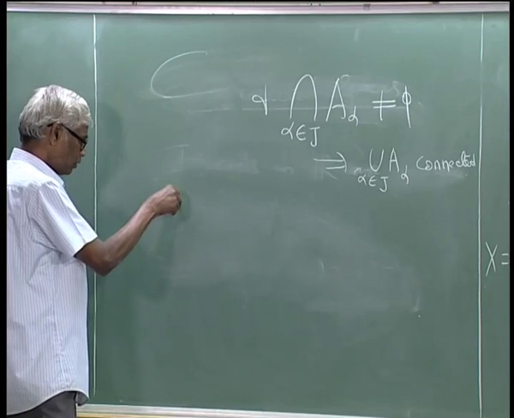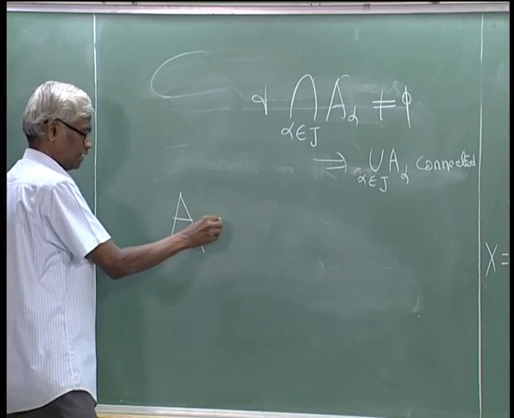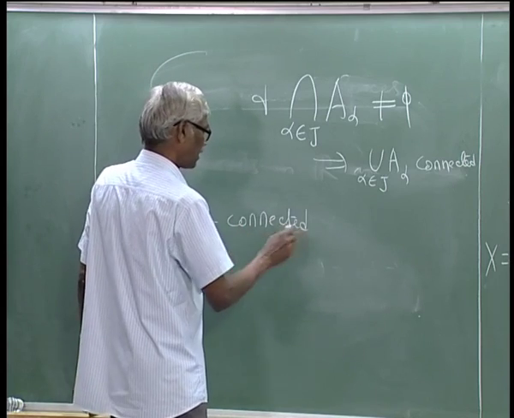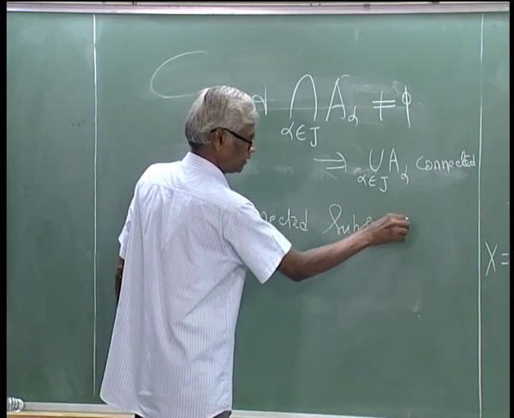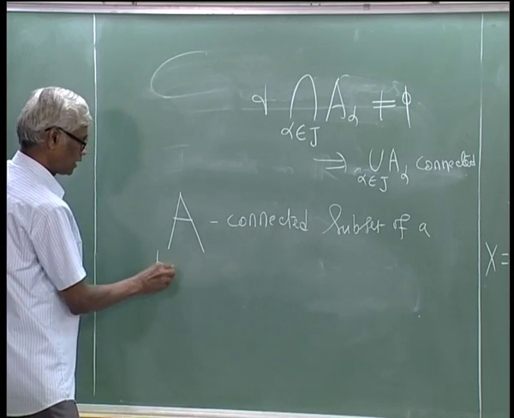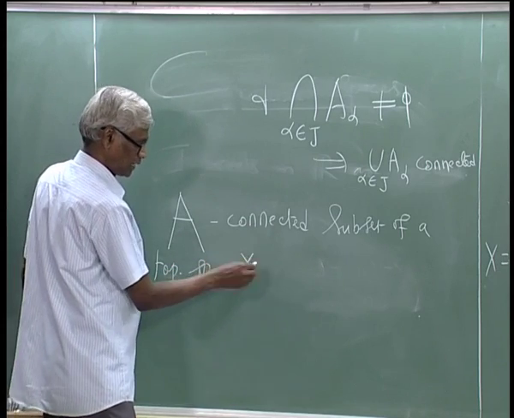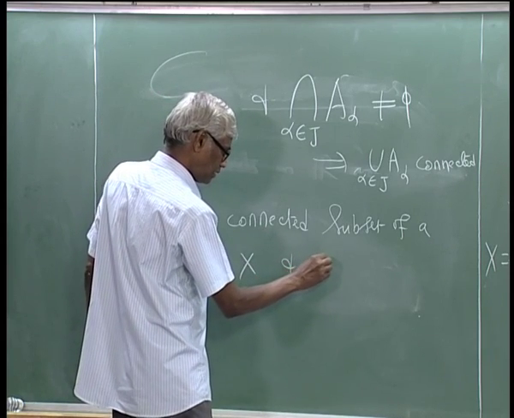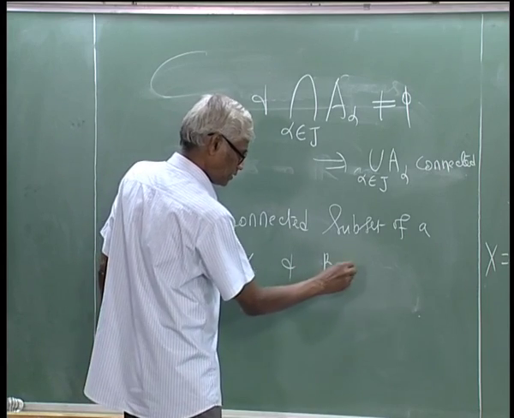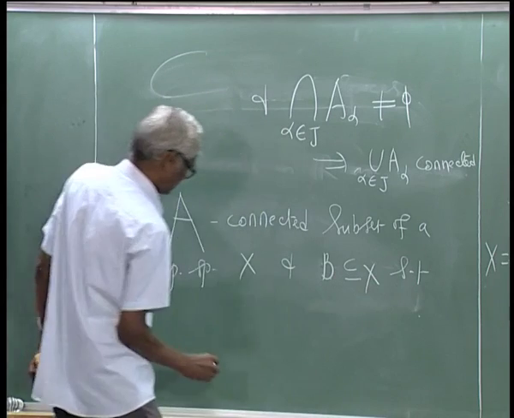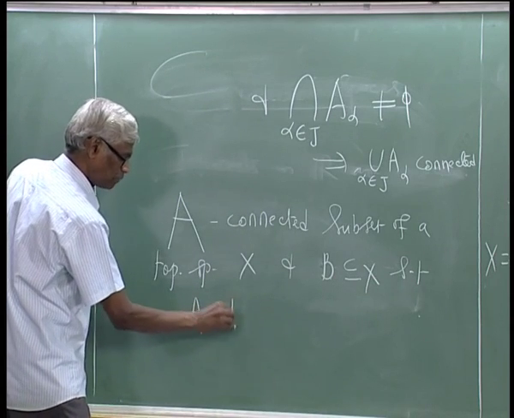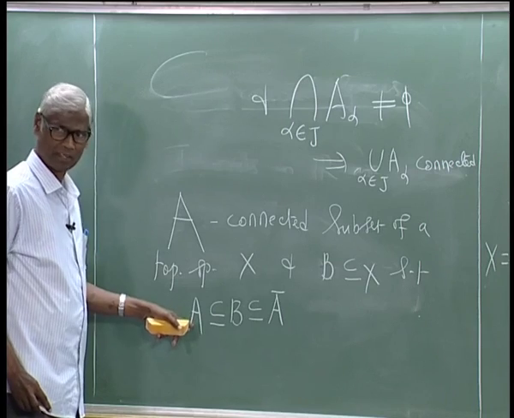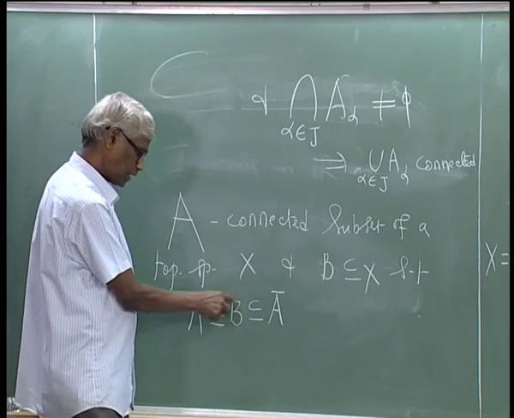Then, in a way it is easy to prove that if A is a connected subset of a topological space X, and we have a set B subset of X such that A is a subset of B, which is a subset of the closure of A, that means with A we add some of the limit points.